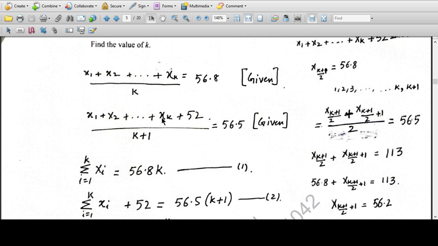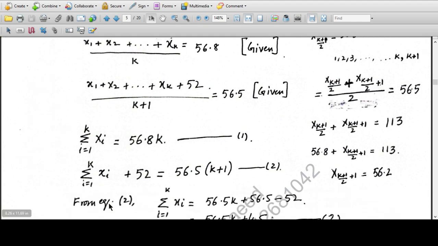And for this one we have the same sum of xi from i equals 1 to k, and the last one is 52, and we can multiply this k plus 1 with 56.5. So we have these two equations.